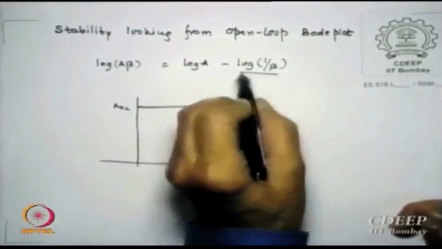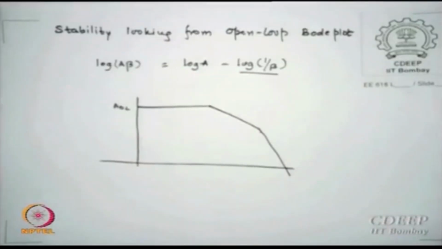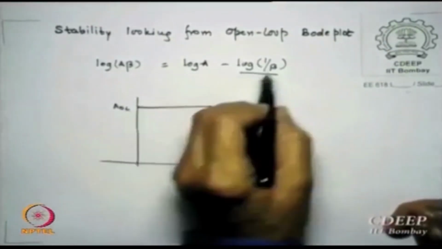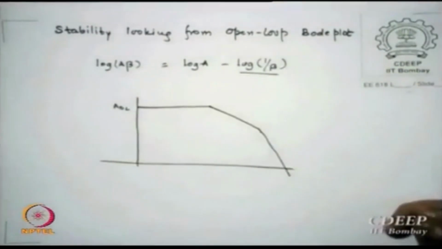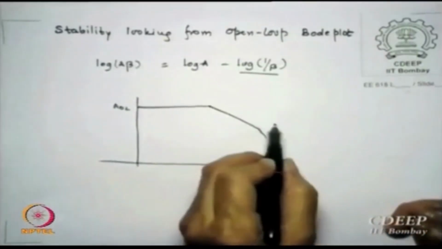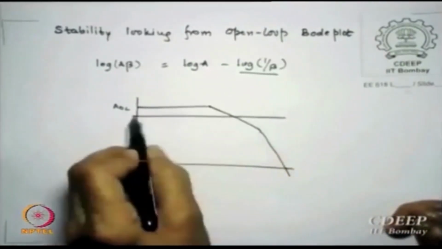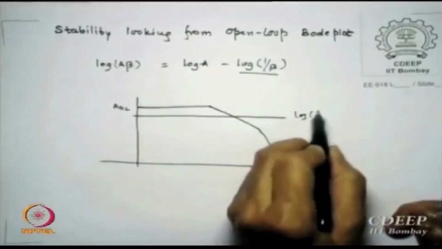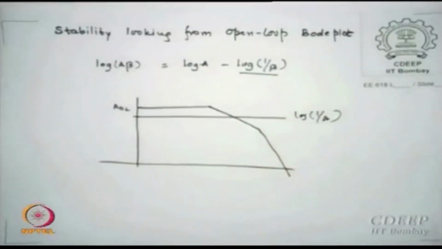Assuming beta is constant, which in our last case is not, but in case of resistive feedback it is, I can put log 1 upon beta as one value. So I draw a line somewhere here which is log of 1 upon beta.